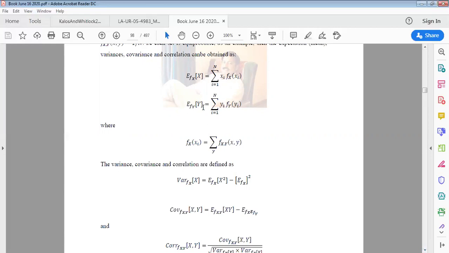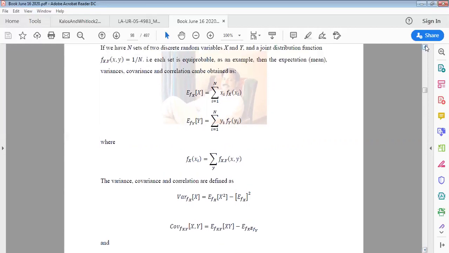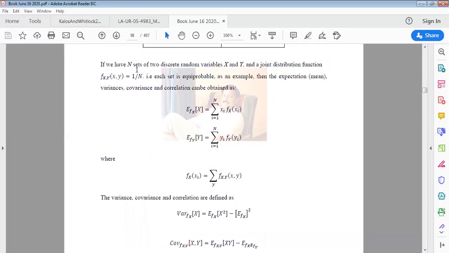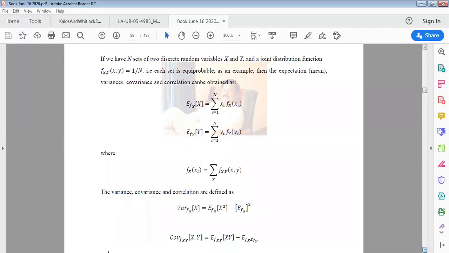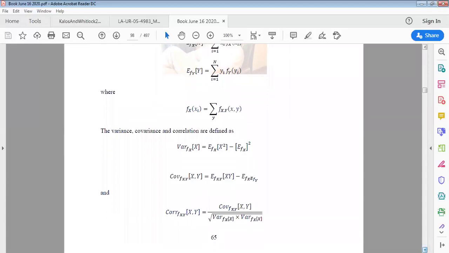The same thing holds for the random variable y, so this would be its expectation value. Now notice over here that up there I gave you the joint PDF, but here I'm not using the joint PDF, I'm using the single PDF. So I've got to define the single PDF for the single variable. For x, I'd have to integrate over all y's, and for y, I would have to integrate over all x's.